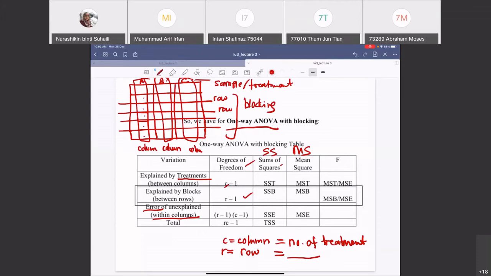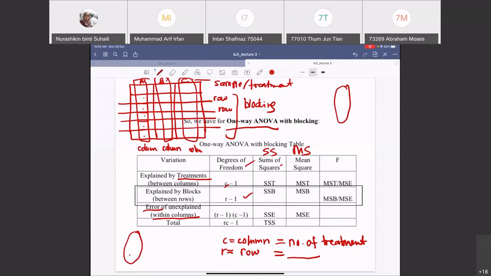And for the error, the unexplained variation within columns. Within columns is within the samples actually. The reason it is called error is because it's actually the replicates. If we take one sample, we have many replicates, and we want to know the variation between replicate 1, replicate 2, and replicate 3.